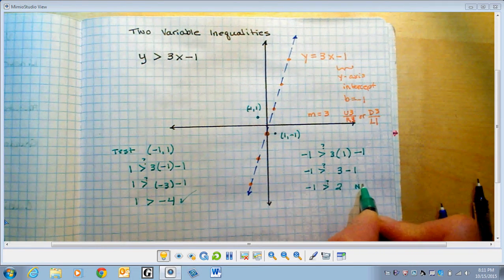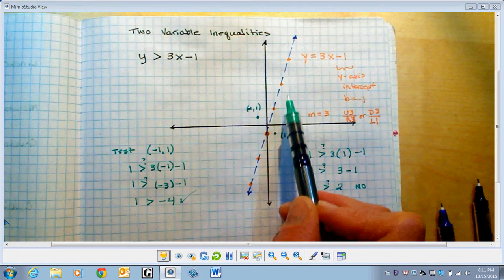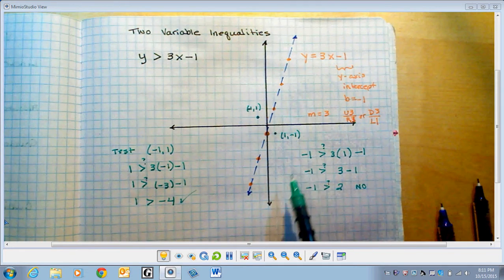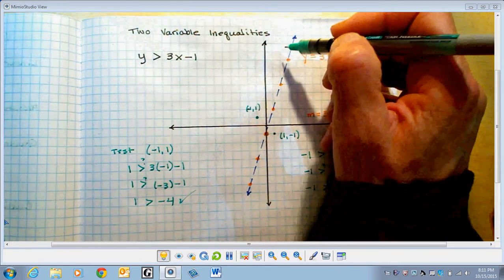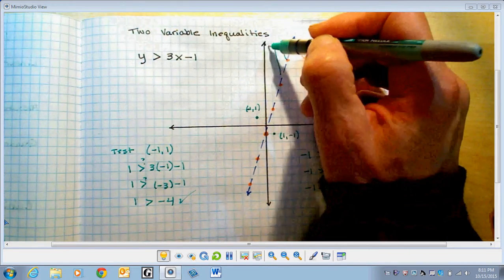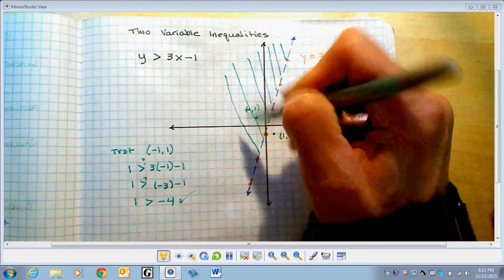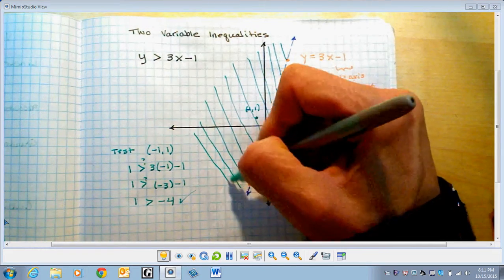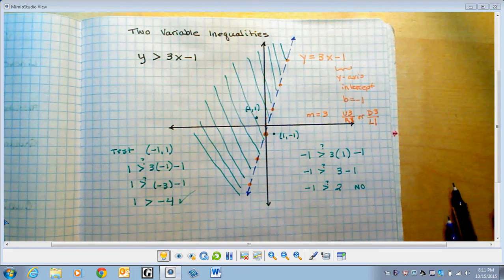The answer is no. So any point on this side of the line, if you were to test any point in this region here, would not satisfy this inequality. That means any point I pick in the region above the line will satisfy the inequality. So I have to make sure that I shade the region above the line.